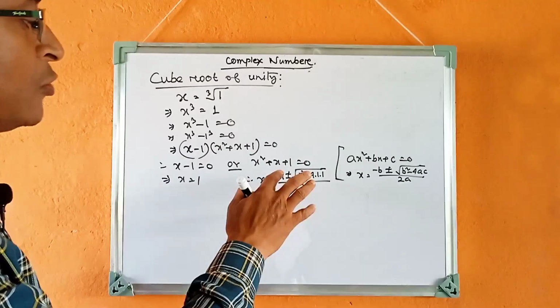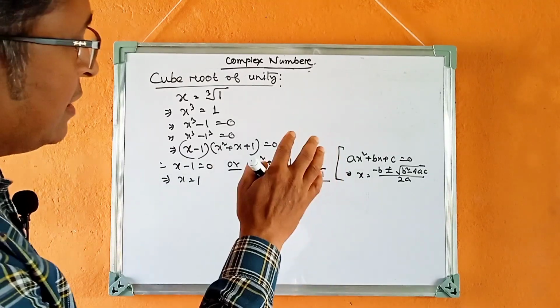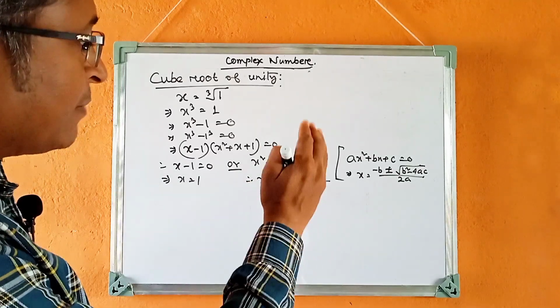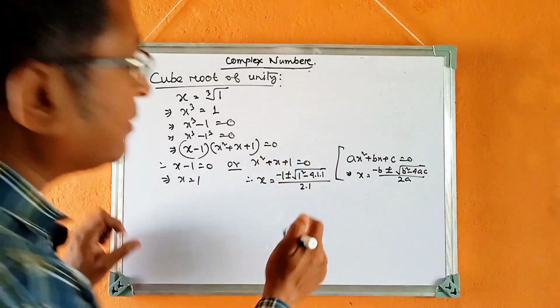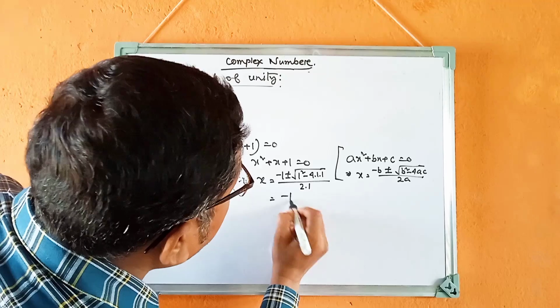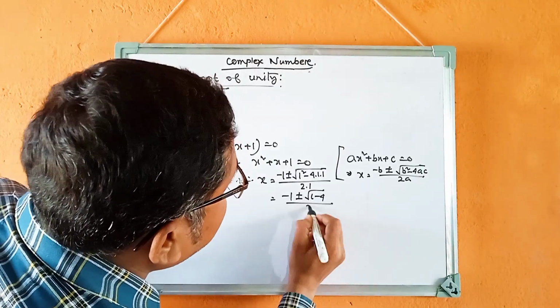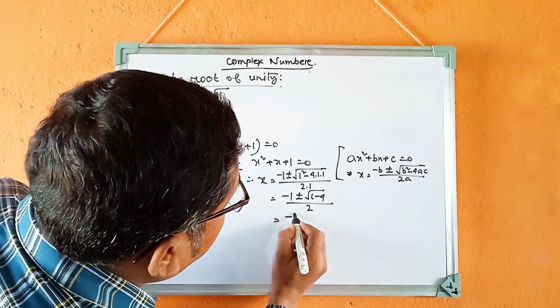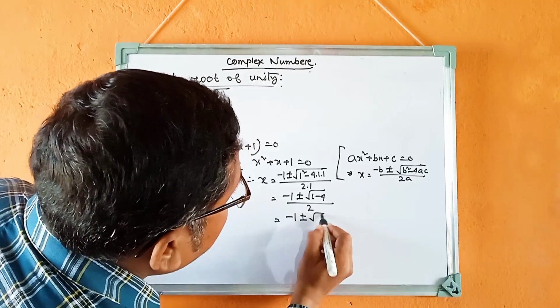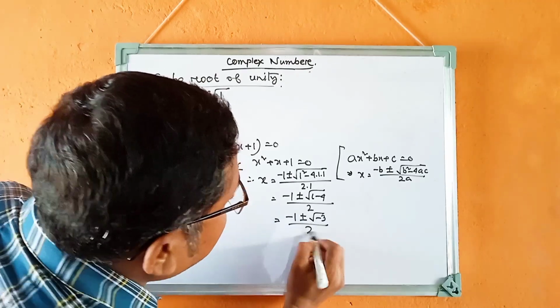So x equal to minus 1 plus minus root over 1 square minus 4 into 1, divided by 2 into 1. So we get minus 1 plus minus root over 1 minus 4, divided by 2. So we get minus 1 plus minus root over minus 3, divided by 2.